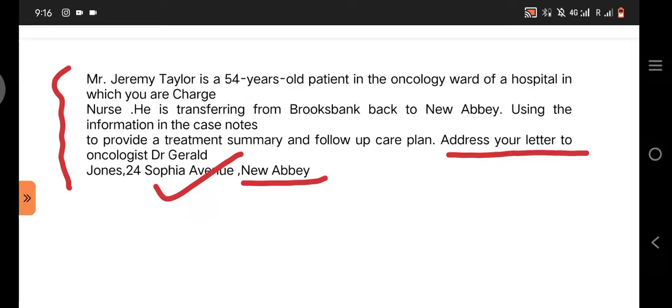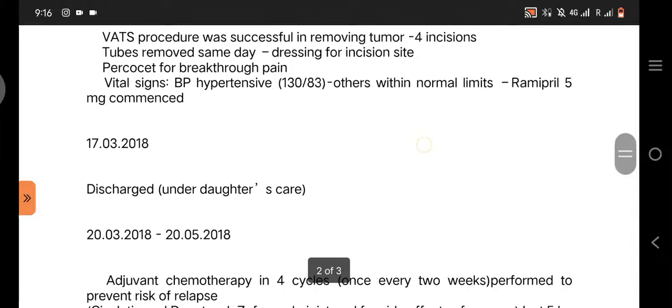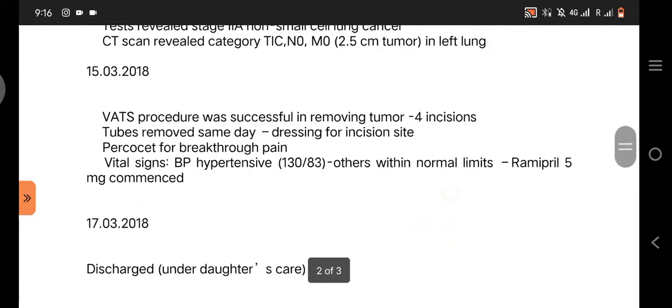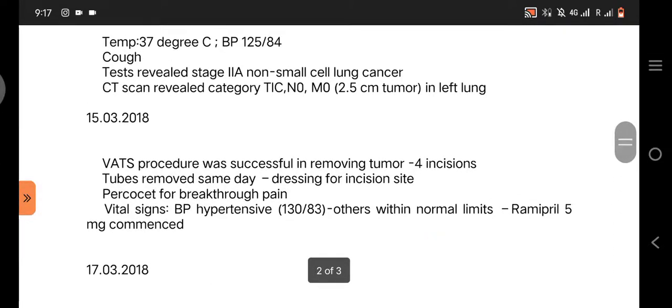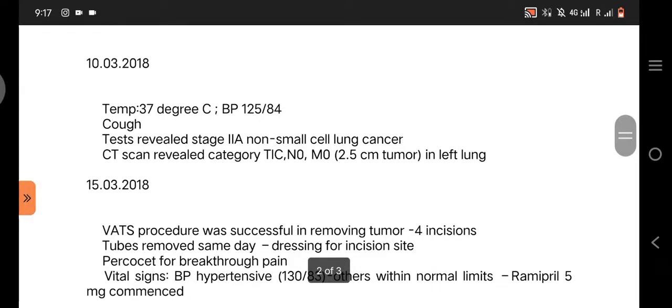So it's just like we are writing this patient's details to another oncologist, who should manage his conditions once he gets this patient. So we can just write he requires further management. I'm writing to transfer Mr. Jeremy Taylor, who requires further management. He has stage 2A non-small cell lung cancer. Okay, that's how you need to write the introduction.